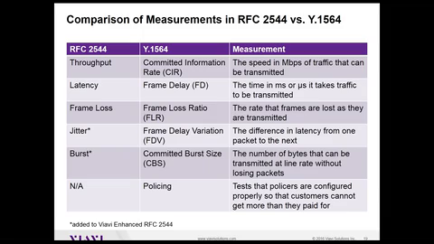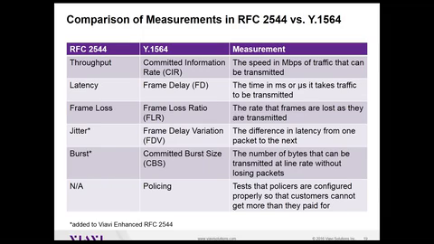And committed burst size, or burst, that's, if you have a gigabit service, a gigabit link, but you've only about 100 megabit worth of service, then there's a parameter called CBS that specifies how many bytes you're allowed to burst at the gigabit rate without losing any packets.